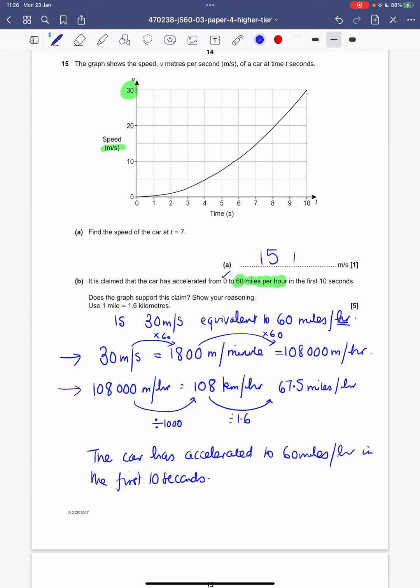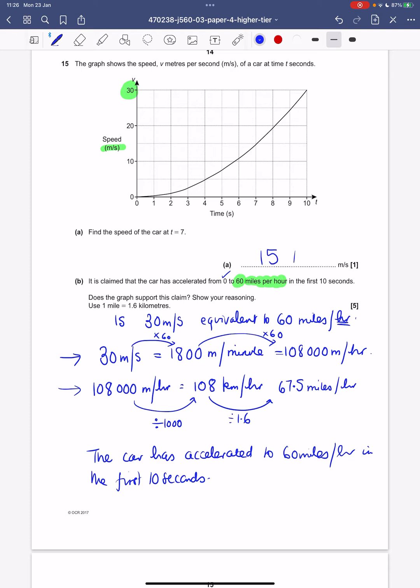So let me just see, 60 miles per hour. I'm just going ahead. 60 miles, and 60 times 1,600 is 96,000 metres per hour.